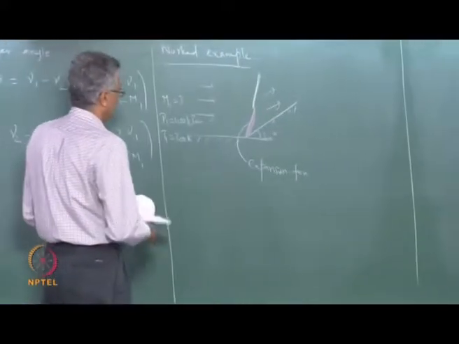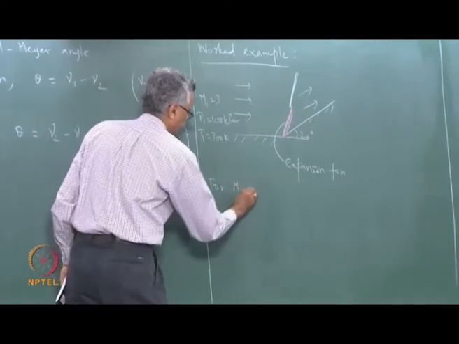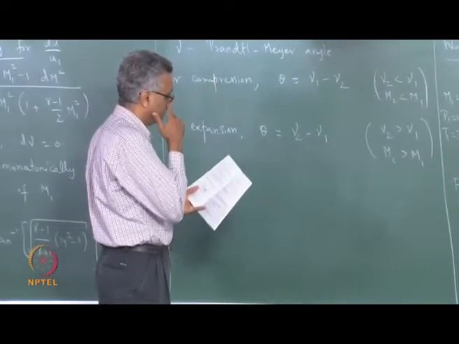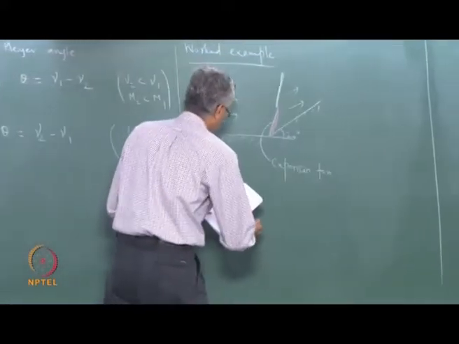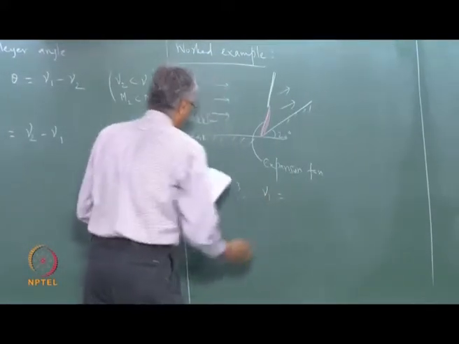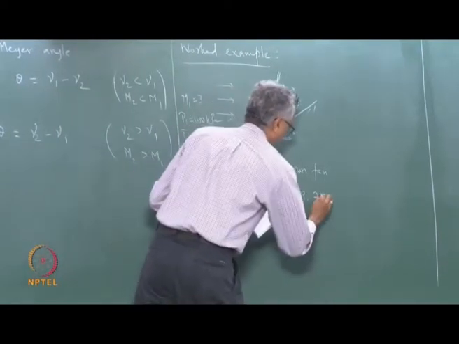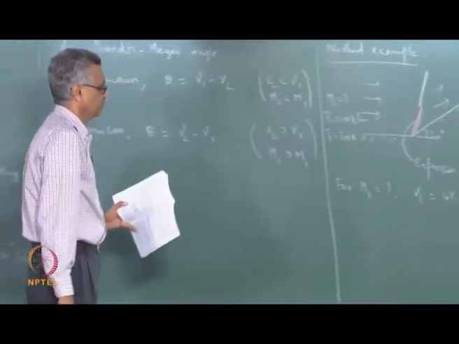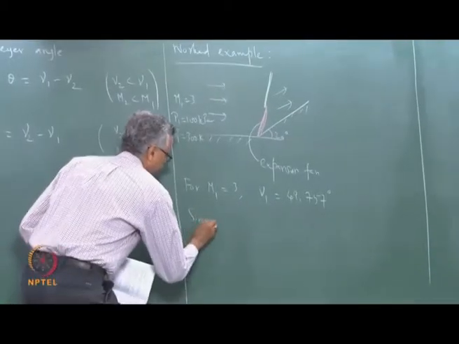So we use the tables for this purpose. For M1 equal to 3, the Prandtl-Meyer angles are tabulated in tabular form. From the table, for M1 equal to 3, we get nu1 to be 49.757 degrees. Theta is given to be 20 since this is a compression corner.